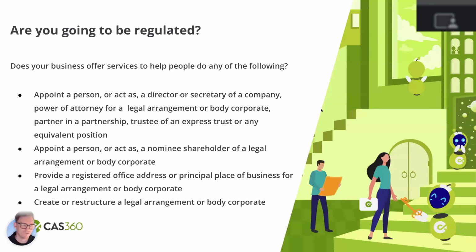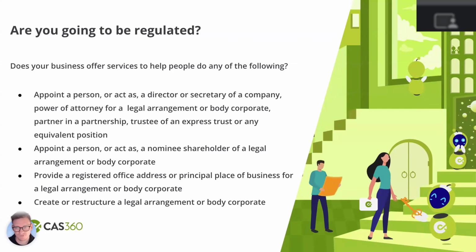So the first thing that we need to check is, are you going to be regulated? Now, there is a quiz or a little process on the AUSTRAC website that's currently available, and I certainly recommend you go down that path. But really, what I've got here are 4 of the most common services that accounting practices are offering. So are you appointing a person or acting as a director or secretary of a company, power of attorney for a legal arrangement, things like that.